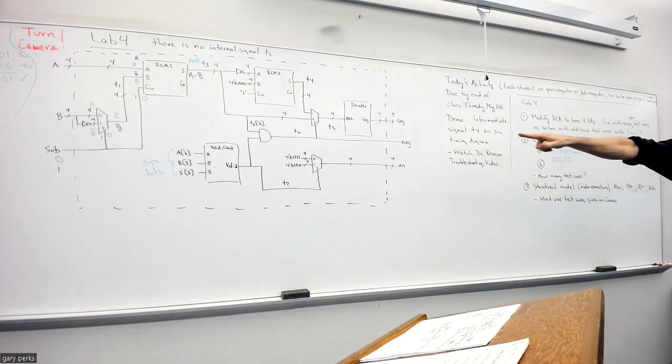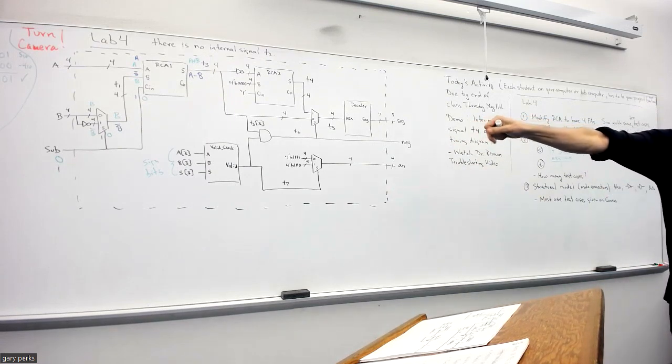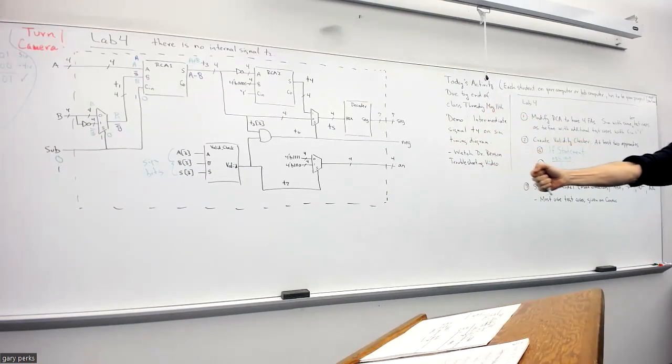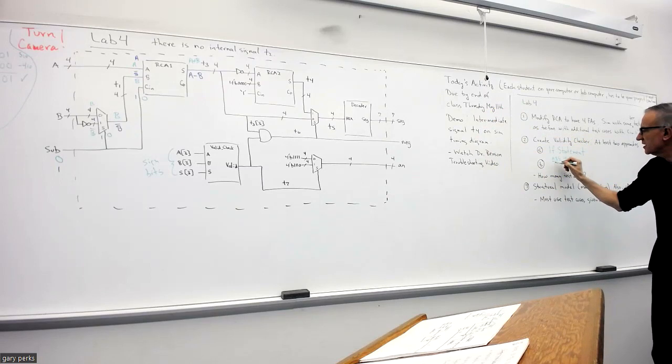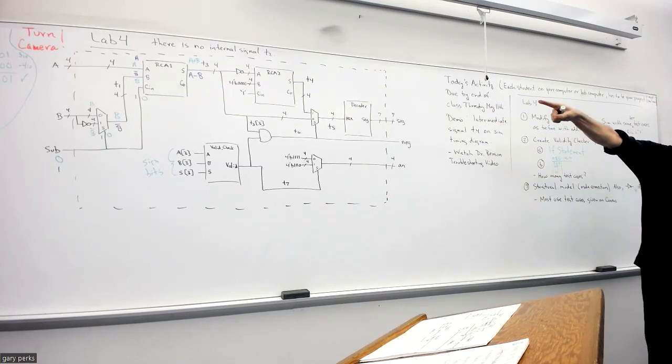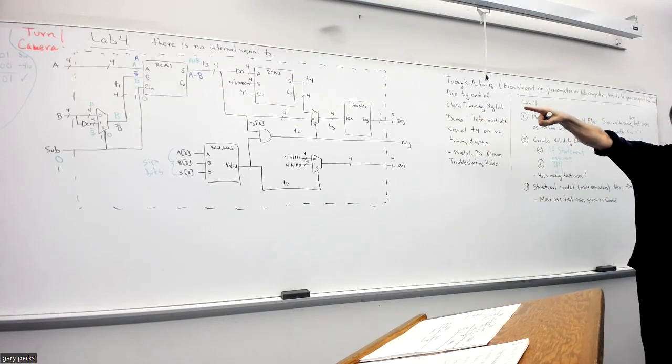Now, how many rows is this truth table going to have since we have 3 bit inputs? 8. Right, so 0, 0, 0, 0, 0, 1, all the way to 1, 1, 1, right? So for each of those 8 combinations, you're going to have to figure out whether it's valid or invalid by looking at our validity rules.